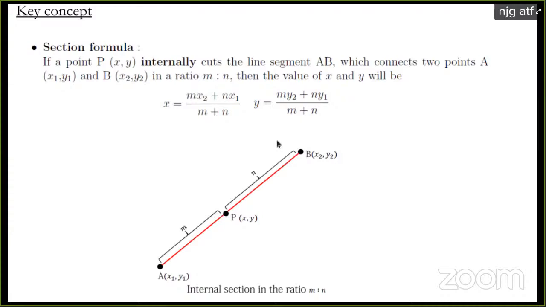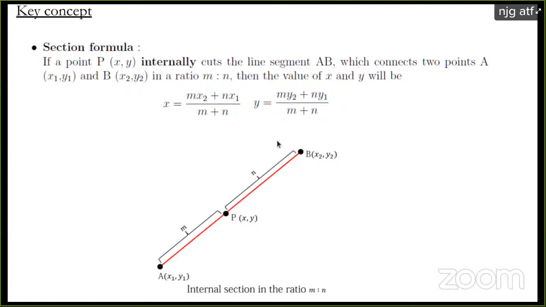If you know the coordinates of the endpoints of the line segment, A at some x1 comma y1 and B at some x2 comma y2, and P cuts this line segment AB in the ratio m is to n, and you know that ratio, then you can find the coordinates of P, let's say x comma y as of now.